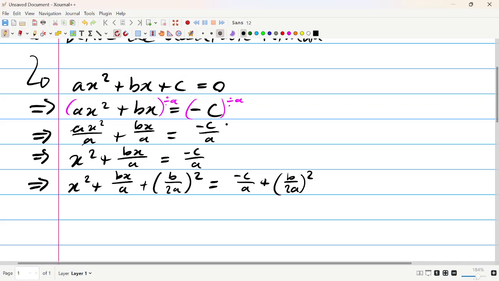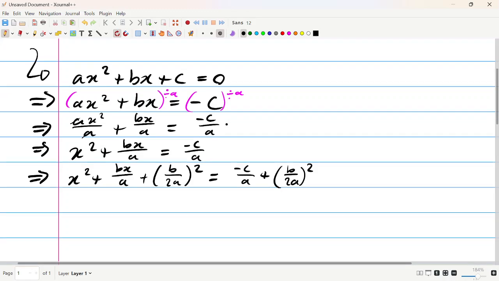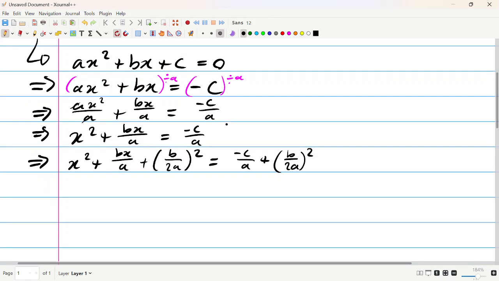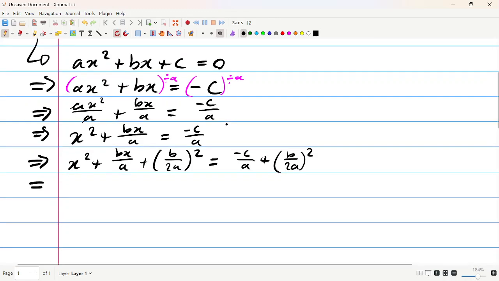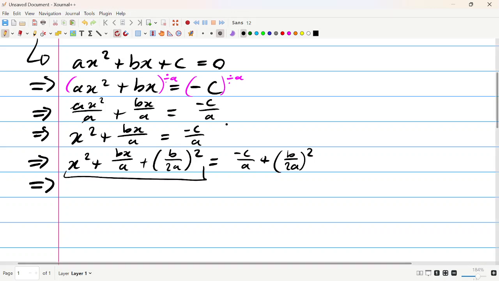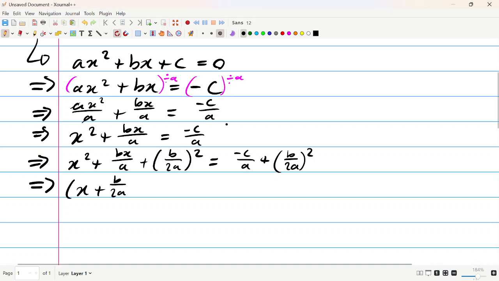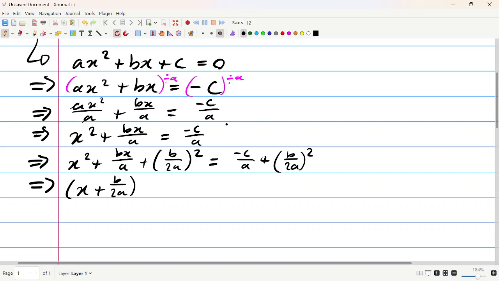In this case over here, the reason why we do it is because we want to use the knowledge of an addition of two perfect squares to give us an output over here, such that what we're going to have is x plus b over 2a raised to the power of 2.